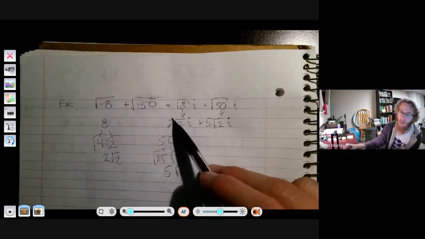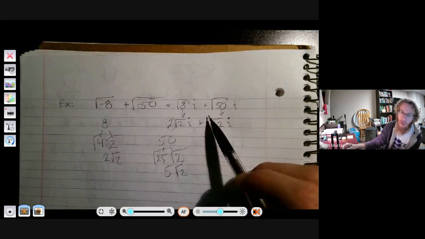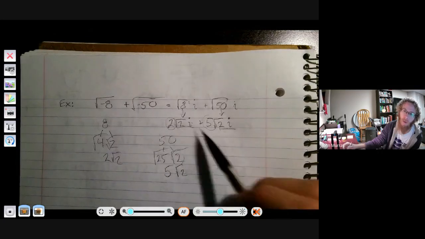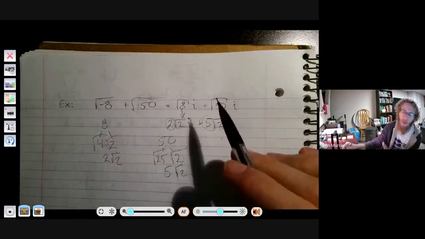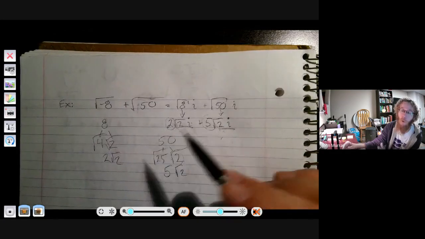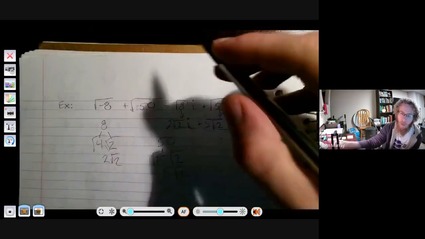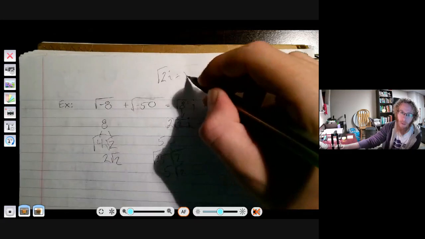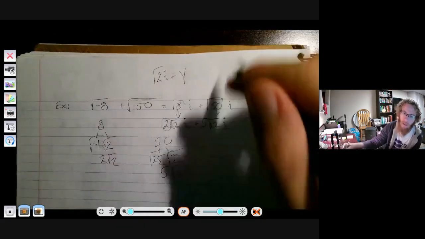So now, again, we just look at the coefficients because this matches this part. Square root of 2 times i, square root of 2 times i, those are the same. If you want to, you can use a substitution method. You can say the square root of 2 times i equals some number y.